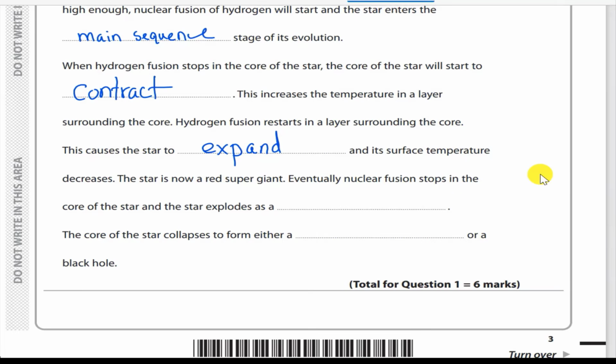The star is now a red supergiant. Eventually, nuclear fusion stops in the core of the star, and the star explodes as a supernova. The core of the star collapses to form either a neutron star or a black hole.